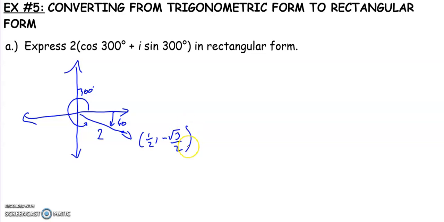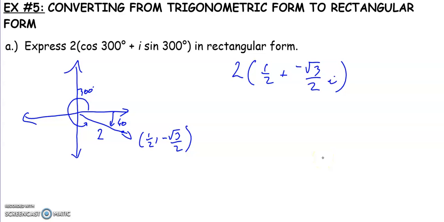There's that point on my unit circle. So when we're doing this, we're going to have the cosine of 300. So I have r times cosine of 300. Well, cosine is x plus i sine 300. So that's negative radical 3 over 2 i.